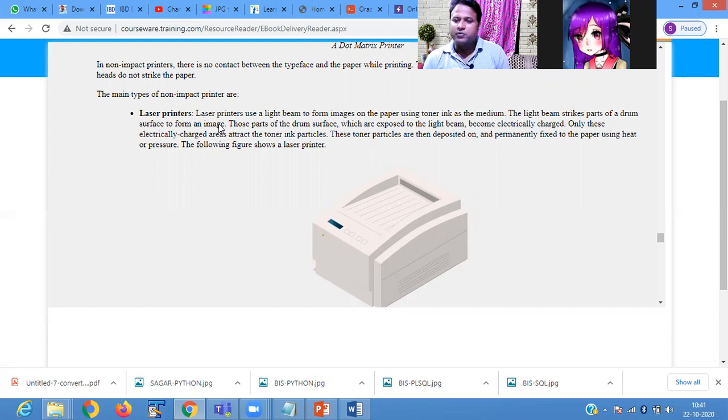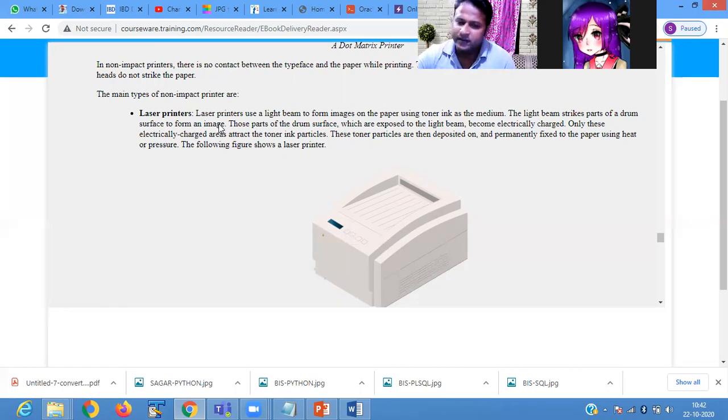The light beam strikes the part of the drum surface to form an image. Those parts of the drum surface which are exposed to the light beam become electrically charged, and only this electrically charged area attracts the toner ink particles. The toner ink particles are then deposited and permanently fixed to the paper using heat and pressure.